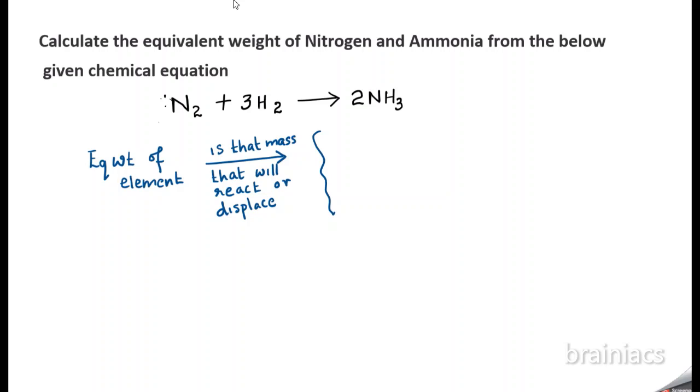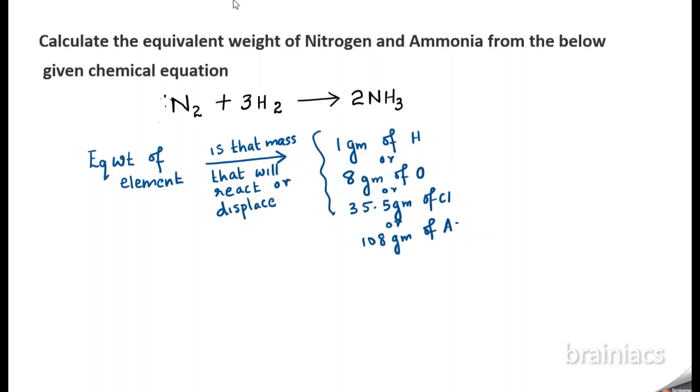Many definitions are there. I can say 1 gram of hydrogen, or it can be 8 gram of oxygen, or 35.5 gram of chlorine, or we can say 108 gram of silver, or even I can say 80 gram of bromine.